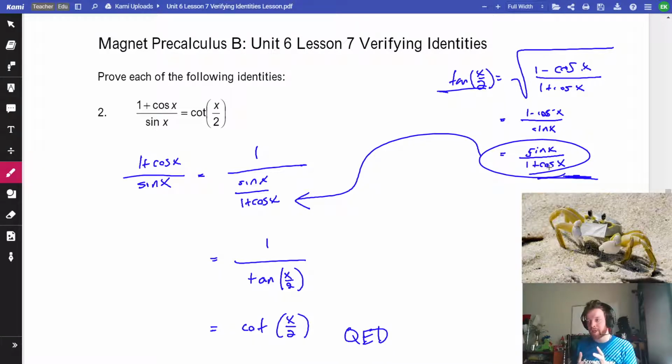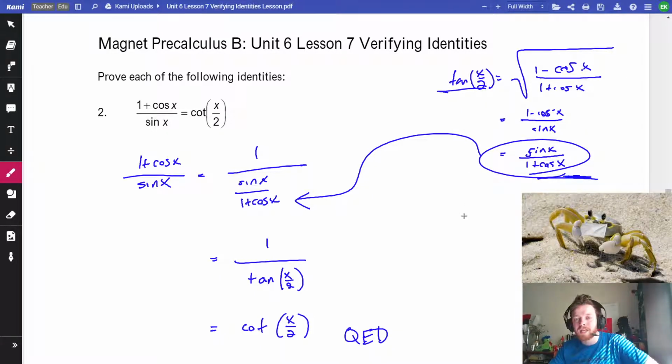And then I reciprocated, boom, cotangent x over 2, QED. That one wasn't that bad. I'm looking into my brain at all these identities that we've recently proven, and we've been using a ton. Now we have a cotangent half angle formula, 1 plus cosine x over sine x. We technically had it before.